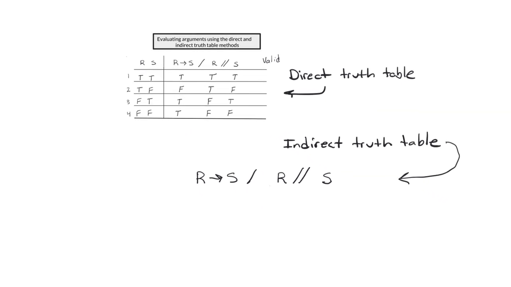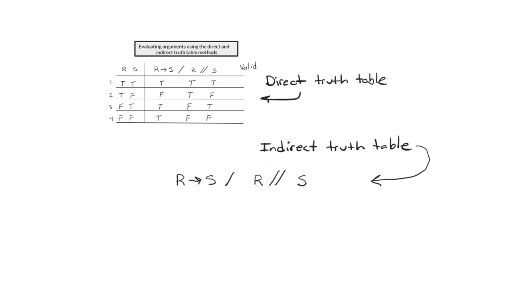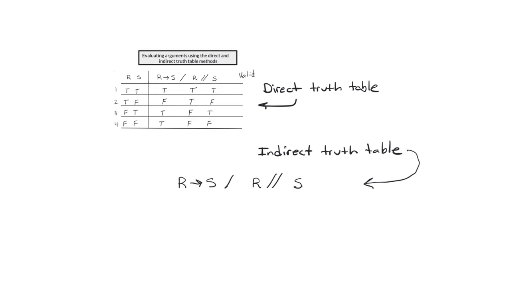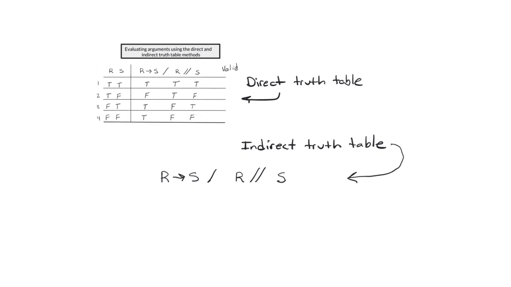Now, let's evaluate the same argument using the indirect truth table method. So again, we start with the assumption that the argument is invalid, and then we see if we can consistently apply those truth values across the entire argument. Now, since we already know that this is a valid argument, we shouldn't be able to do that.